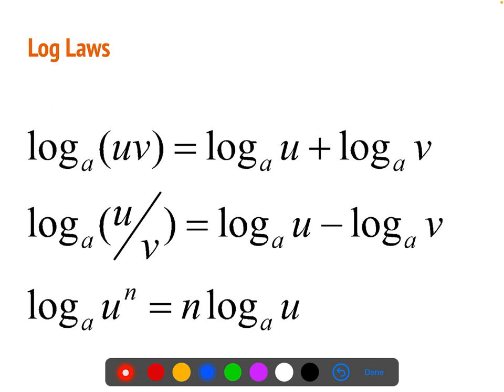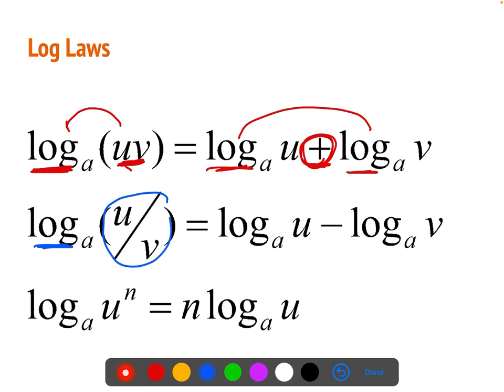Now, log laws. These are like exponent rules, but for logarithms. What they say is if you have any arguments multiplied together with the word log in front, you can split them apart with a plus sign and add them. Or if you have a plus sign, you can put these together with one large log by multiplying the arguments.